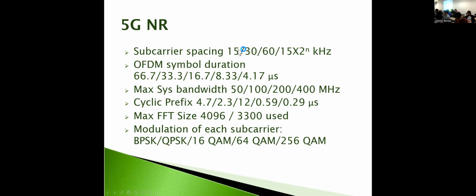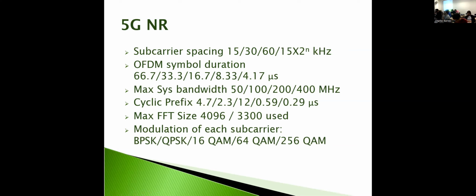So these subcarriers we've been talking about in 5G can vary because we're working over such extreme differences in overall frequency and bandwidth. We start with a subcarrier spacing of 15 kilohertz.